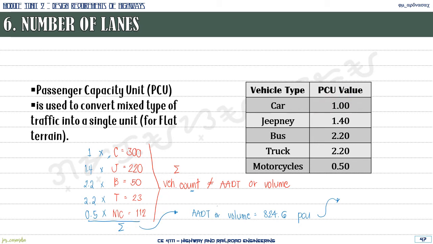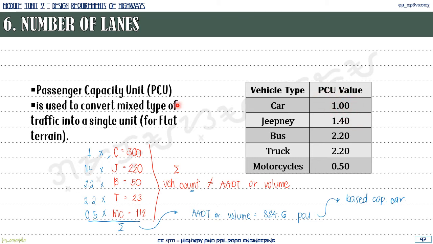So again, if you're going to look at our table, passenger car unit would usually be based on the capacity of cars. So meaning, for these numbers, 1.4 would simply mean that a jeepney would have 40% more capacity compared to a car. For motorcycles, it would simply mean that a motorcycle will have a 50% capacity of the car unit.